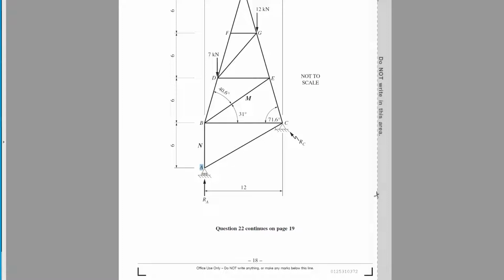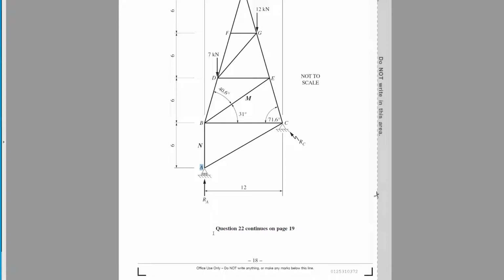AC must be a zero force member, because if there's any horizontal component here, AC can't match it. There can't be any value here, because if this has 1 Newton to the left, there's nothing that can push back. N can't push back, and the reaction can't push back. So AC has to be a zero force member.